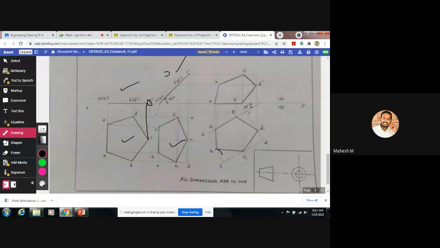Here 3 to B1 is having a shorter length, but here 3 to B2 is having a larger length. So 3B1 and 4D1 is equal. And here, if you look, 3B1 and 4D1 is not equal. When compared with 4D1, 3B1 is having a higher length.